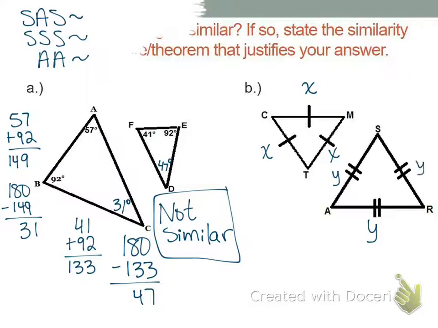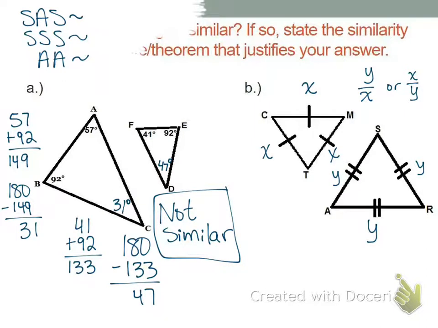So then if I'm looking at ratios of side lengths, no matter which sides I pair up from one triangle to another, what's my ratio going to be? What over what? It could be Y over X if you're going from triangle ASR to triangle TCM, or if I go the other way, X over Y, but it's always going to be the same ratio.